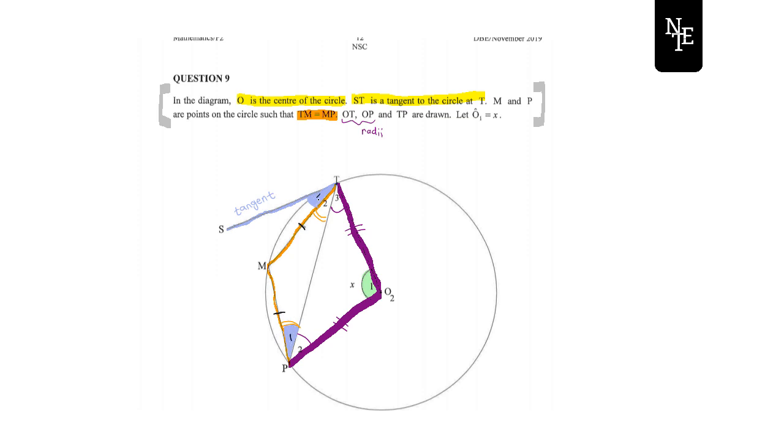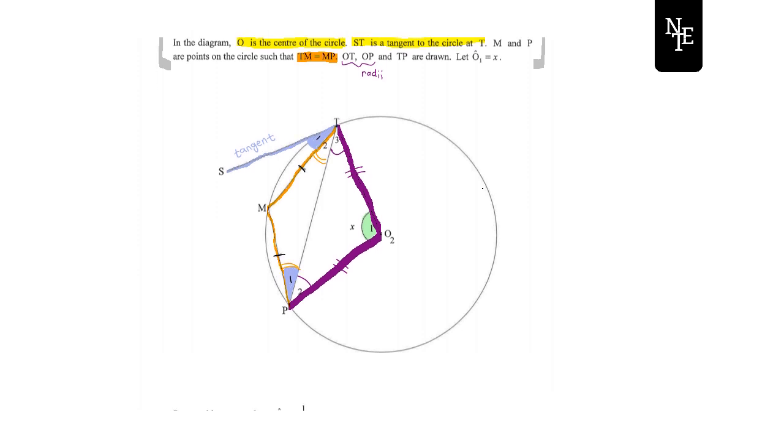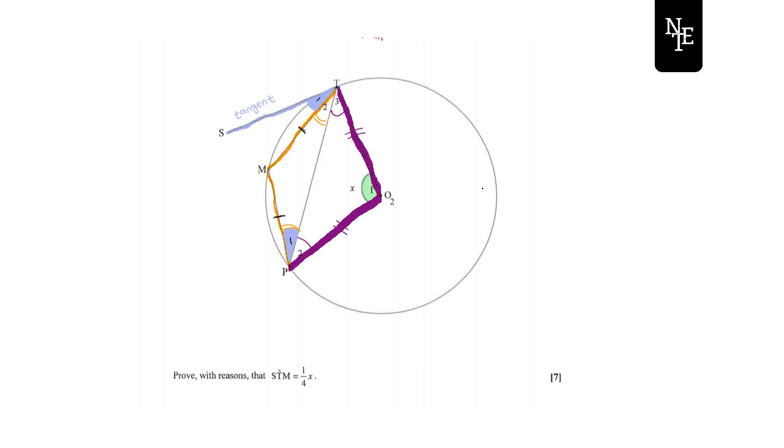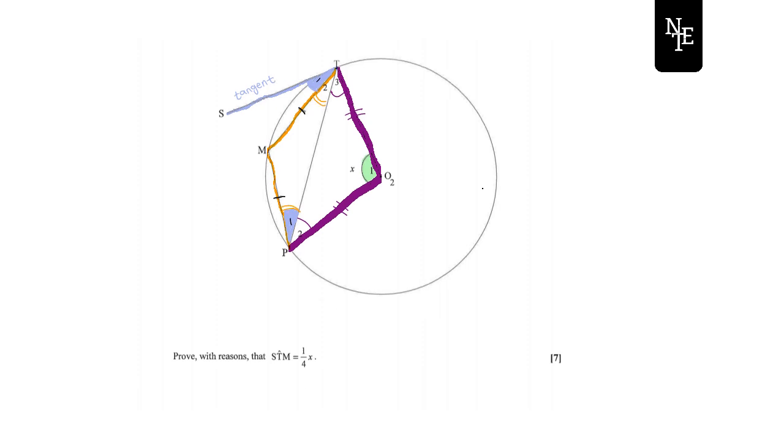So I think that's about all we can get from this diagram. Let's see what the question says. Very nicely, this question was just one simple question. They wanted us to prove that angle STM is equal to 1/4 of x. Where is angle STM?